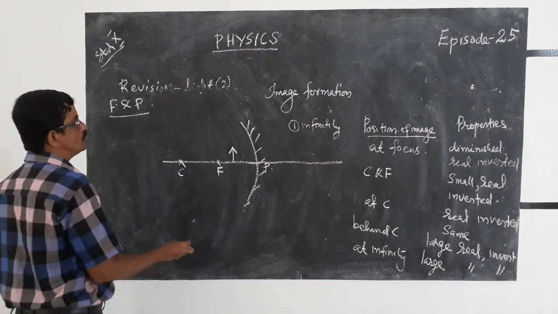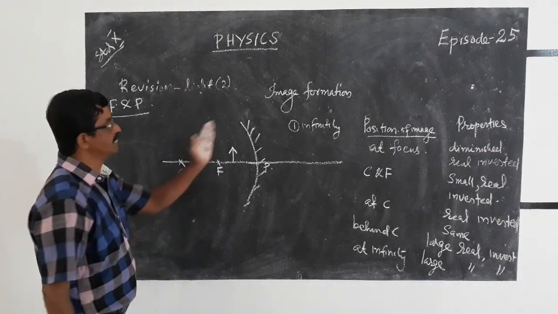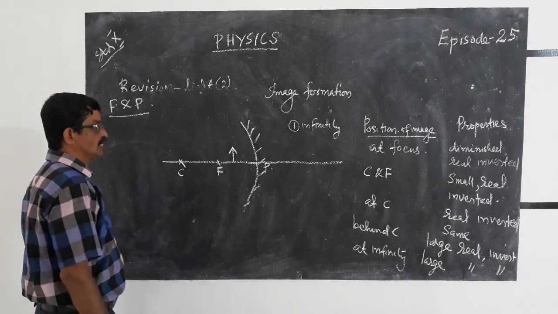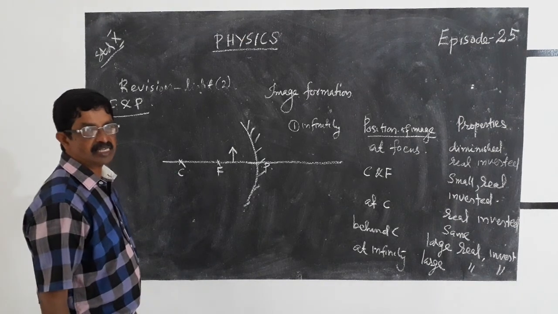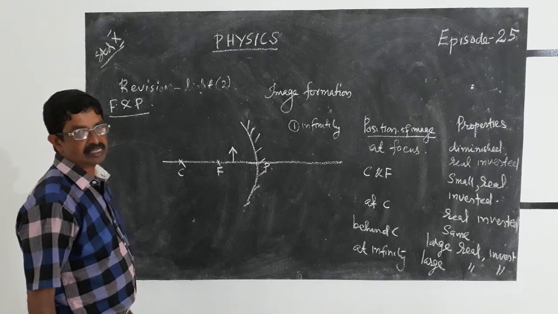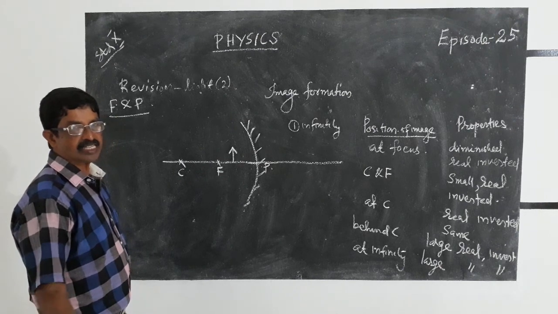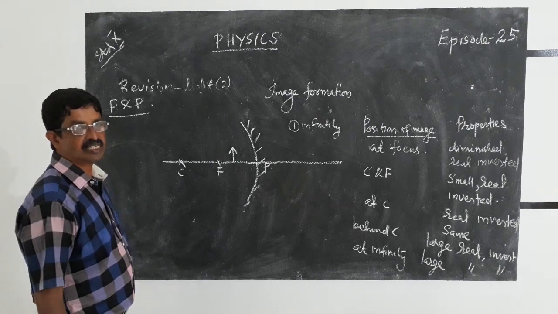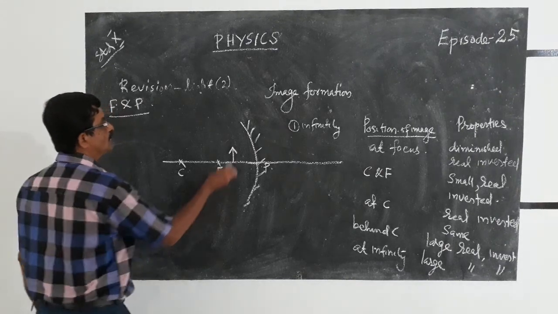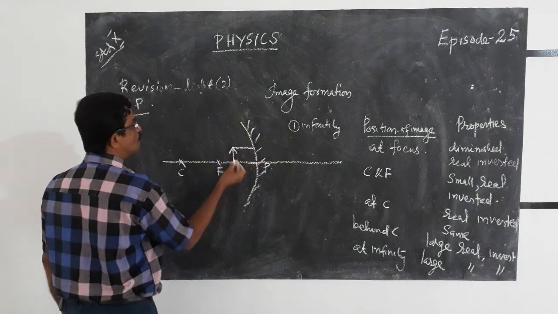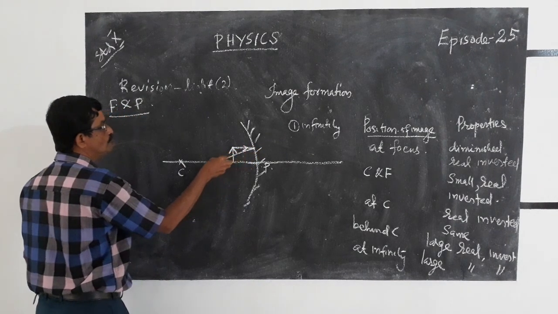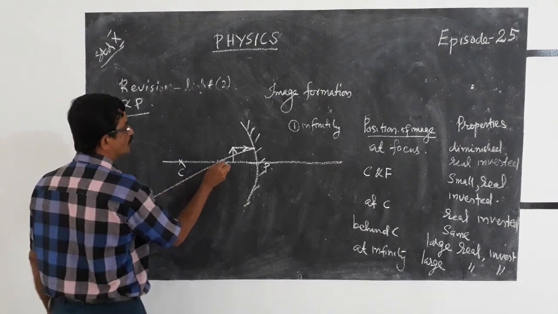Now we know that to get an image, two rays are required. When these two rays strike the mirror, they reflect. Where the reflected rays meet, there we get the image. The first ray is parallel to the principal axis. It passes through the principal focus after reflection.